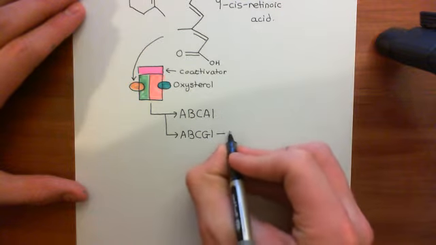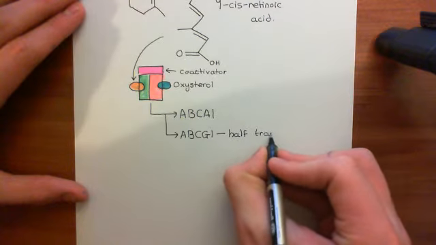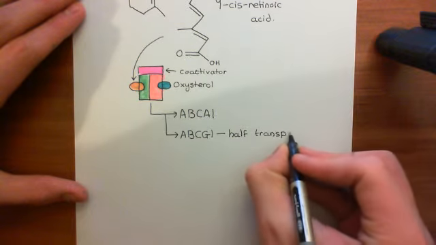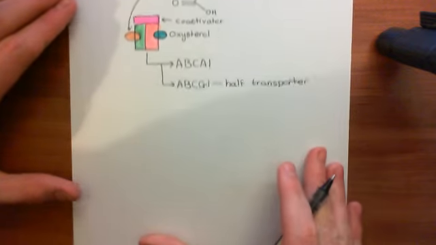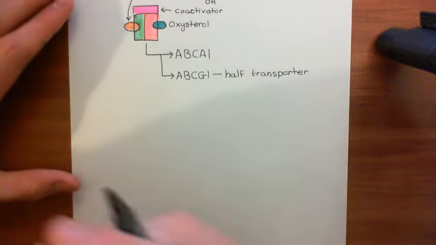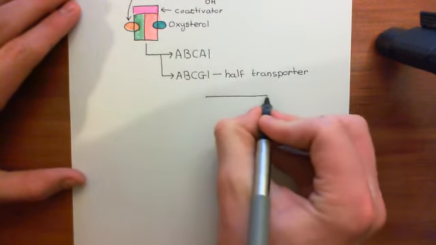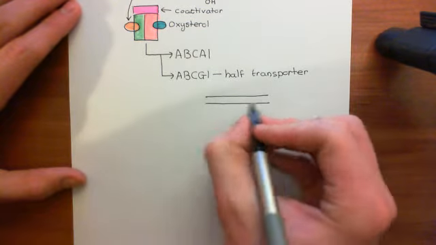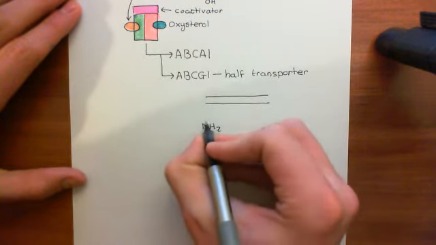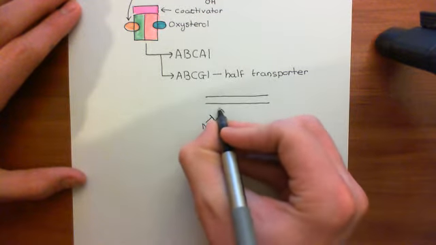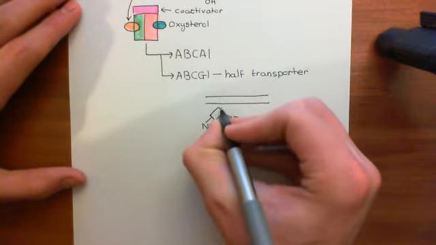Now, ABCG1 is actually a half transporter. So it's not a full transporter, it needs to dimerize, and it will generally form homodimers. So two ABCG1 proteins will join together to make a functional ABCG1 transporter. Let me just remind you of what a half transporter is. You have your amino terminus here in the cytoplasm of the cell. You then have your one and only nucleotide binding domain, or ATP binding cassette.